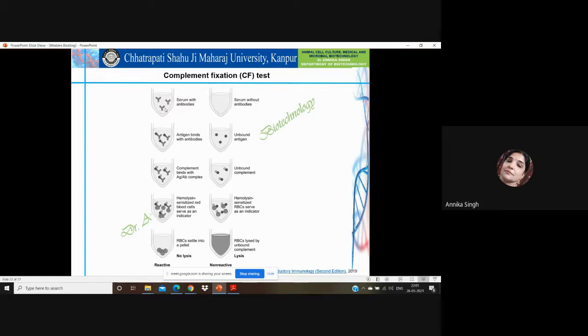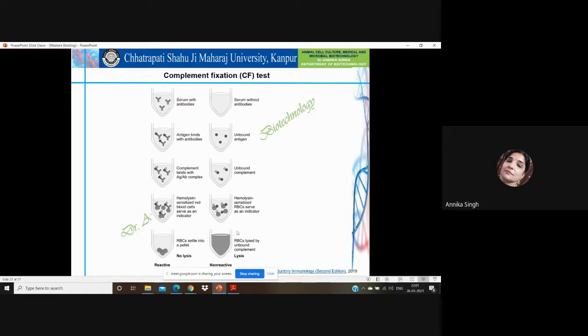But if this specific antigen antibody complex is not formed because of the absence of specific antibodies, then what will happen? These complements which are added to this assay system bind with the sheep RBCs and its antibody complex and cause the lysis of RBC cells, which causes the coloration of this assay system into a pink color, and which shows a negative result.